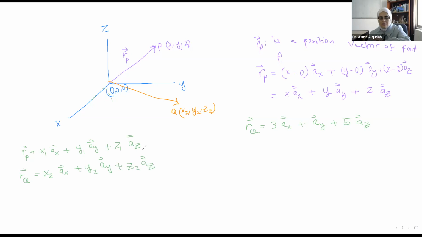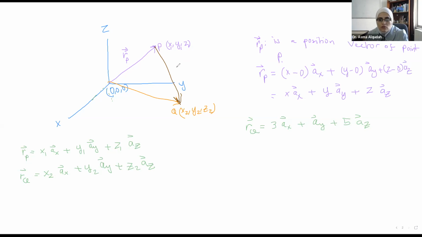Now let's say we want to find a vector that goes from point P to point Q, and we want to find this vector.